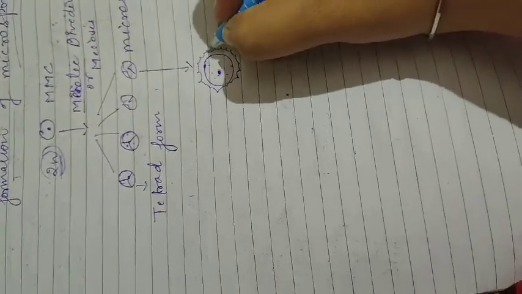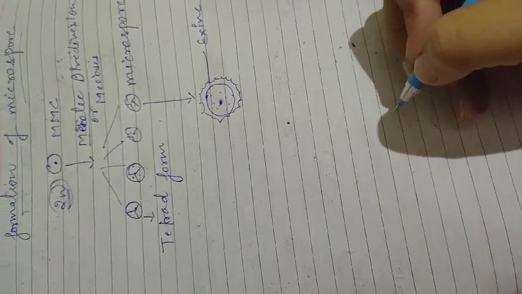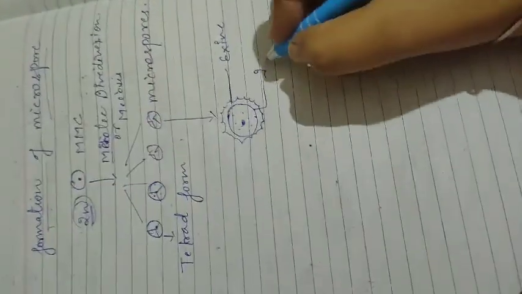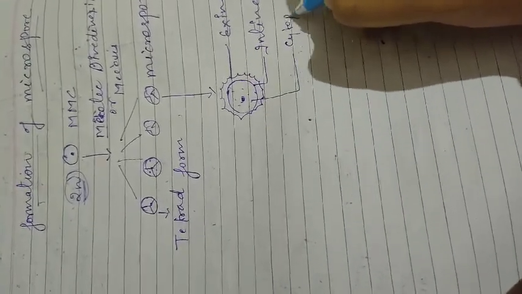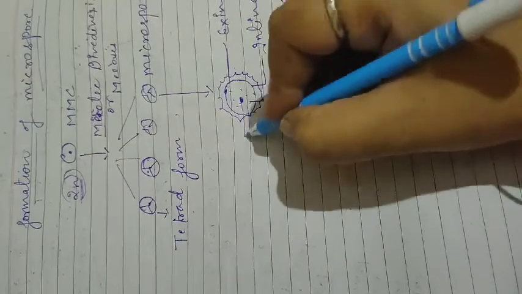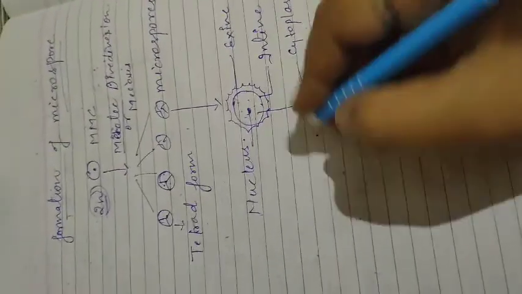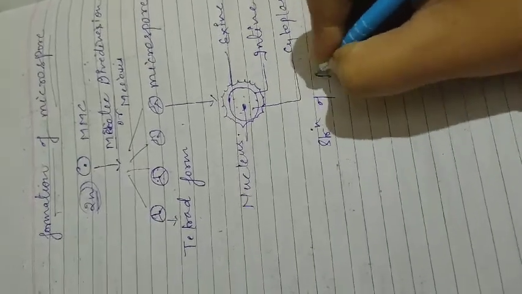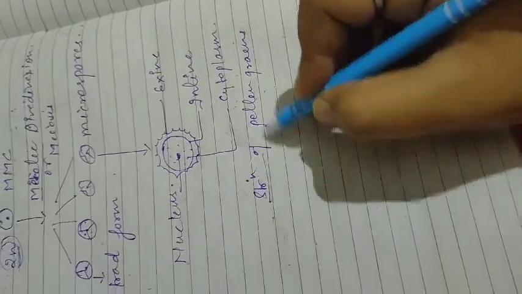The outer layer of the pollen grain is known as exine, a hard layer which is dissolved only by enzymes, and this is the inner softer layer, that is intine. Here a large amount of cytoplasm is present, and this is the nucleus. This is the structure of the pollen grain, or microspore. I hope you got it.